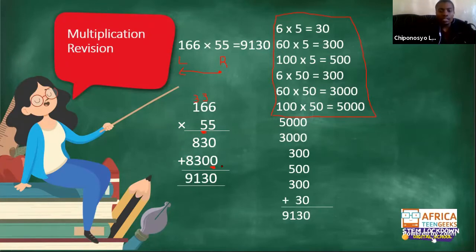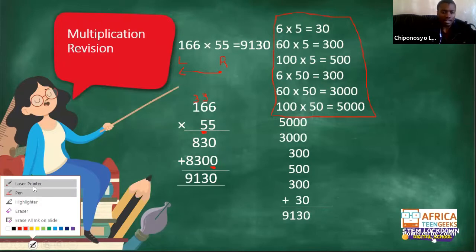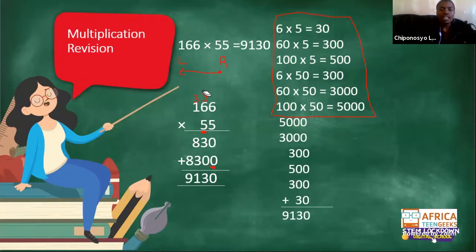Look, also it's 55, right? Both numbers are the same, both digits are the same. But what is important here is that here I was multiplying with the 5. Here I was multiplying with the 50. That's why I have my placeholder.